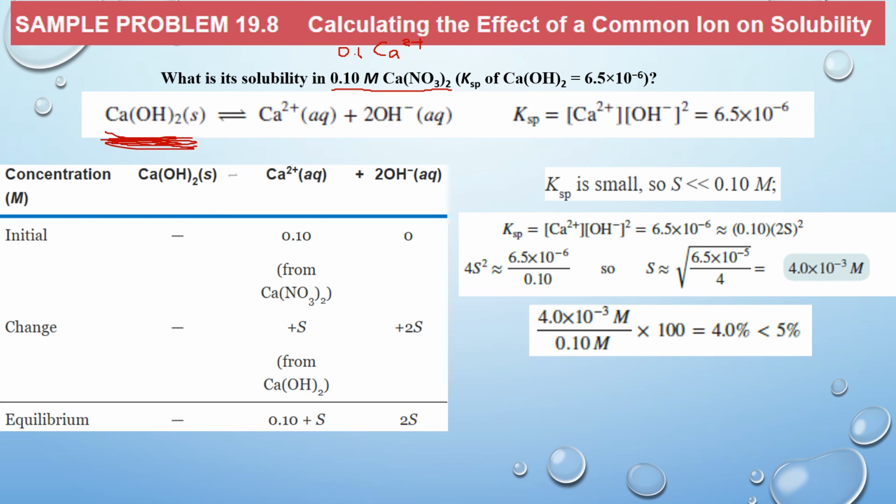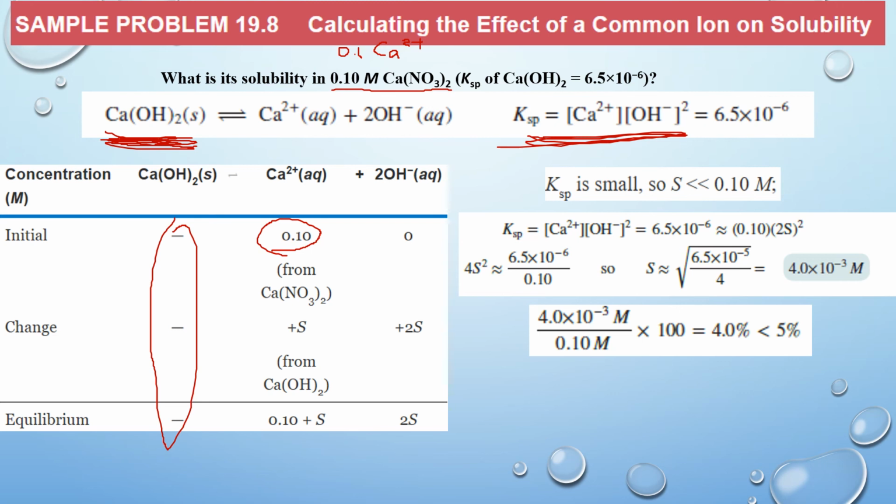So we can list our ICE table here. Again, we don't care about the solids, because they don't appear in the KSP expression. For calcium, at the beginning, it already has 0.1 molar.